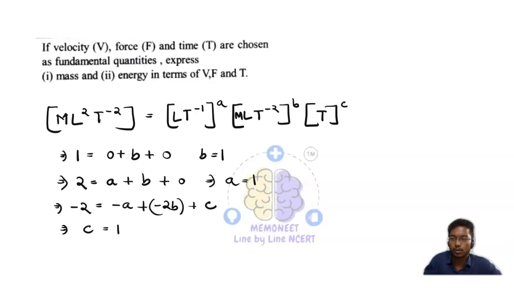This is our answer for this question. The energy can be represented as V to the power 1, F to the power 1 and T to the power 1.